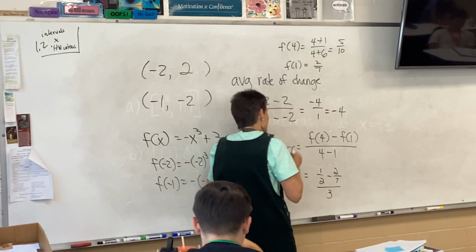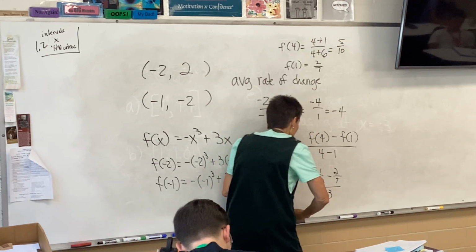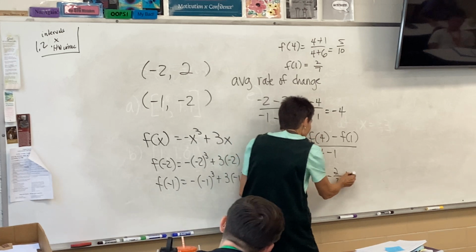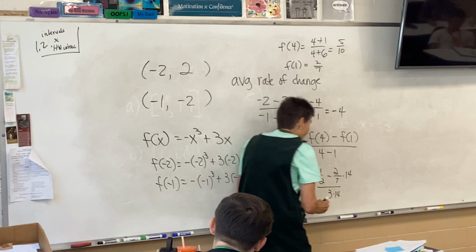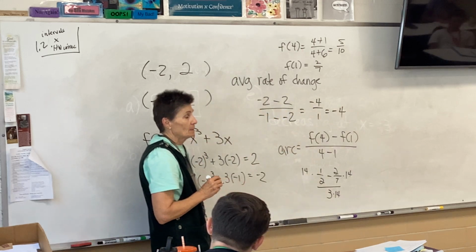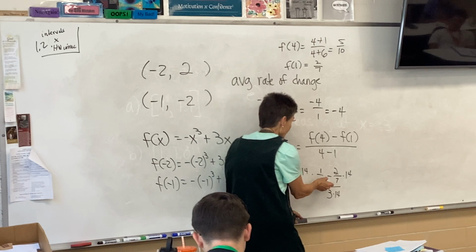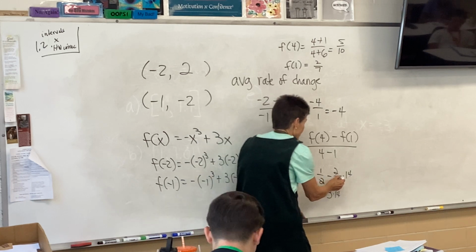14. Now, what you and I might have different ways of doing the problem, but what I like to do is multiply the whole shebang by 14. Because what that does is eliminate the denominators.